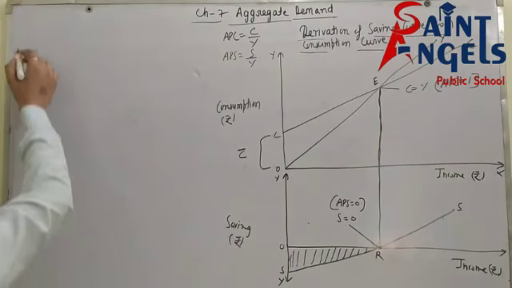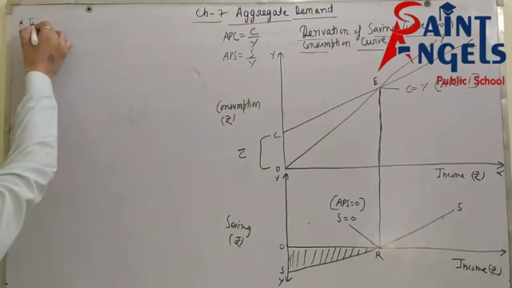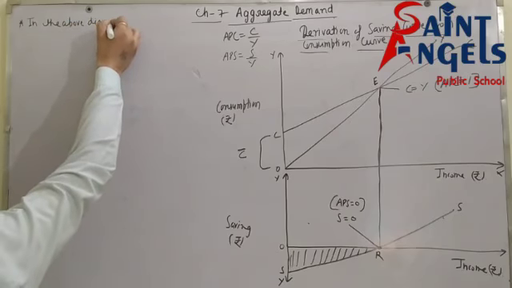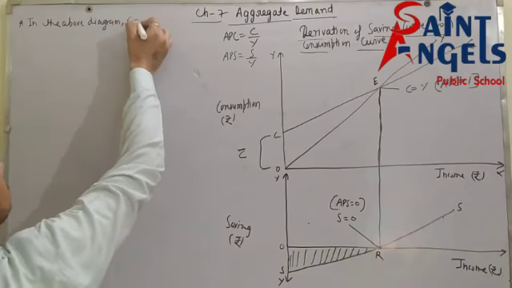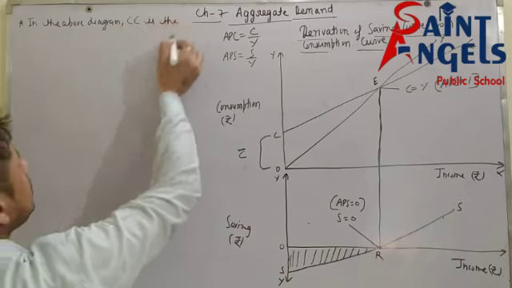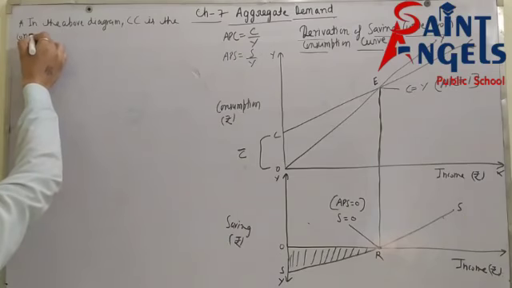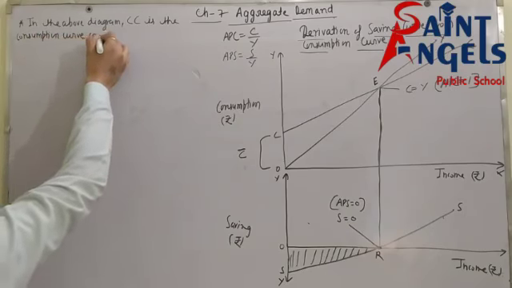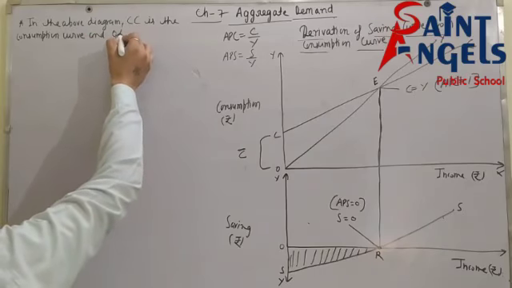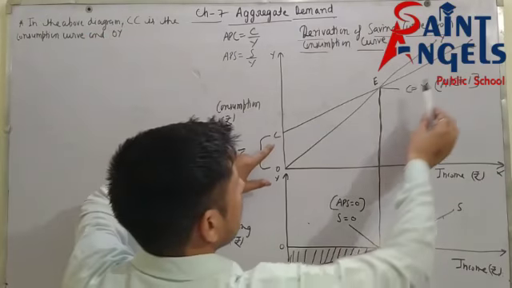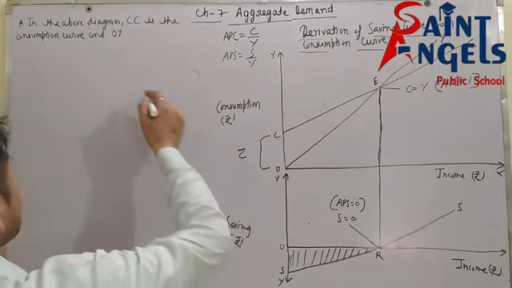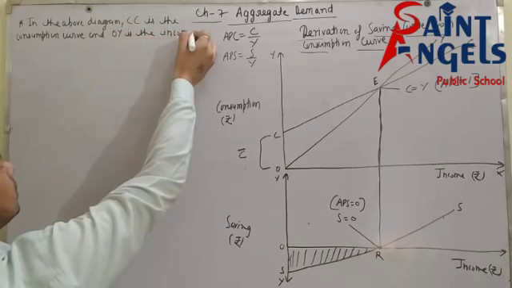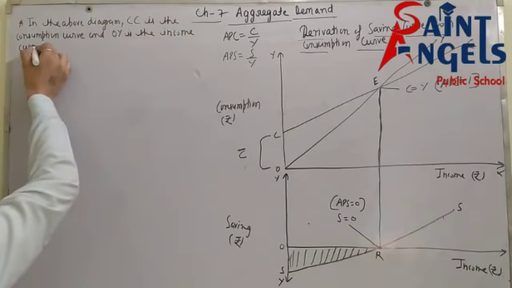See, in the above diagram, CC is the consumption curve and OY is the income curve.